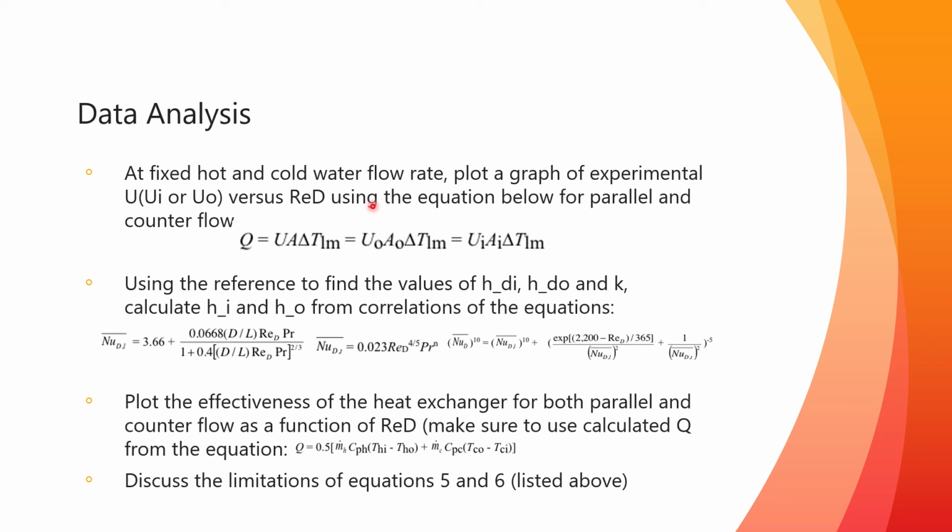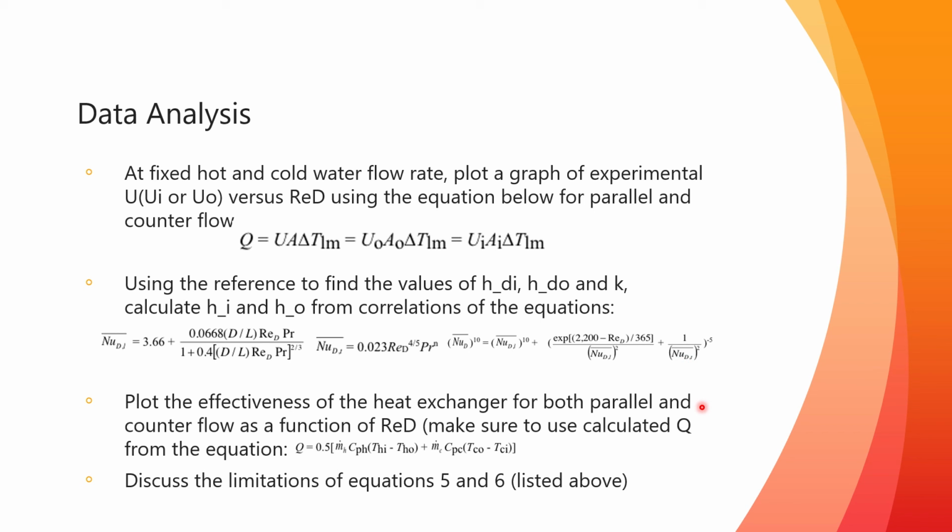So for the data analysis of this lab, at fixed hot and cold water flow rate, plot a graph of experimental U versus Re_D using the equation below for parallel and counterflow. And using the reference to find the values of h_i, D_o, and k, calculate h_i and h_o from correlations of the equations.